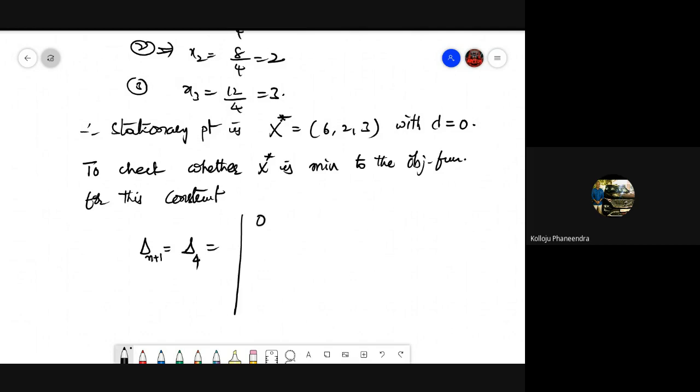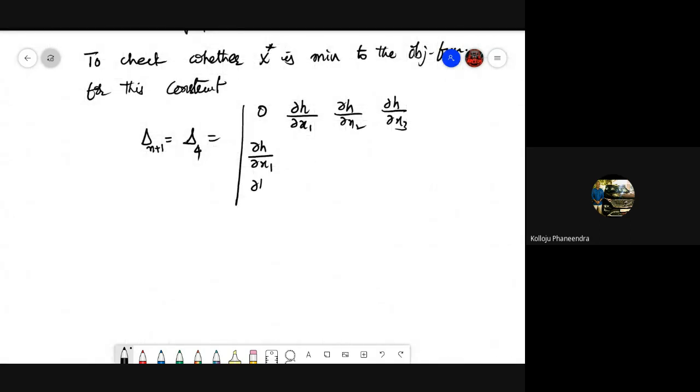What is this matrix? 0. Already told you, first row h derivatives with respect to the variables. Only 3 variables are here. Same, first column also same. Dou h by dou x1, dou h by dou x2, dou h by dou x3. This is over.